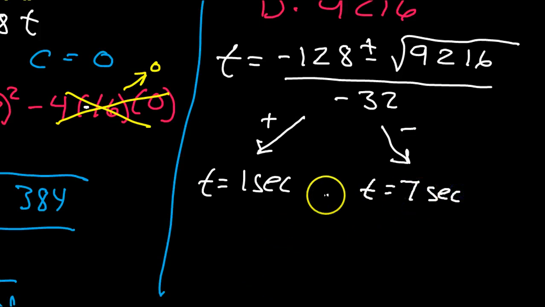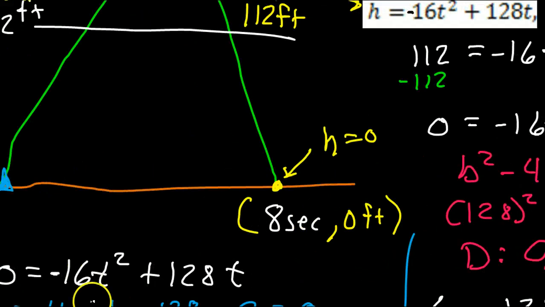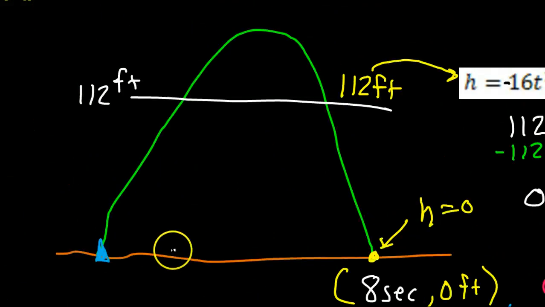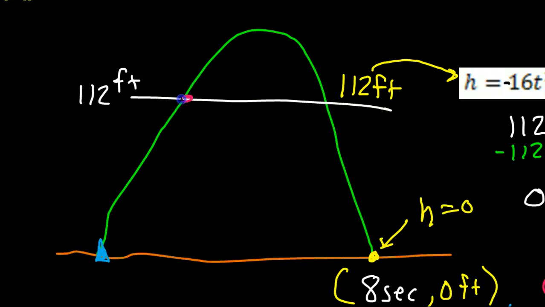Okay, we're getting two answers because we want to know where the rocket is at 112 feet. Well, that's going to happen twice. It's going to be 112 feet once on the way up, and then it'll be 112 feet again on the way down.